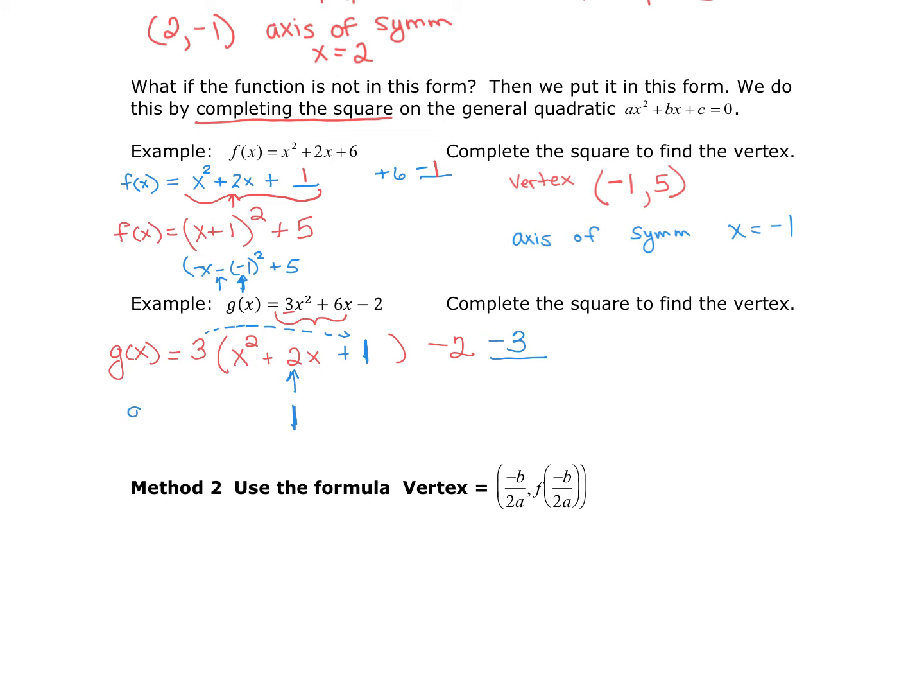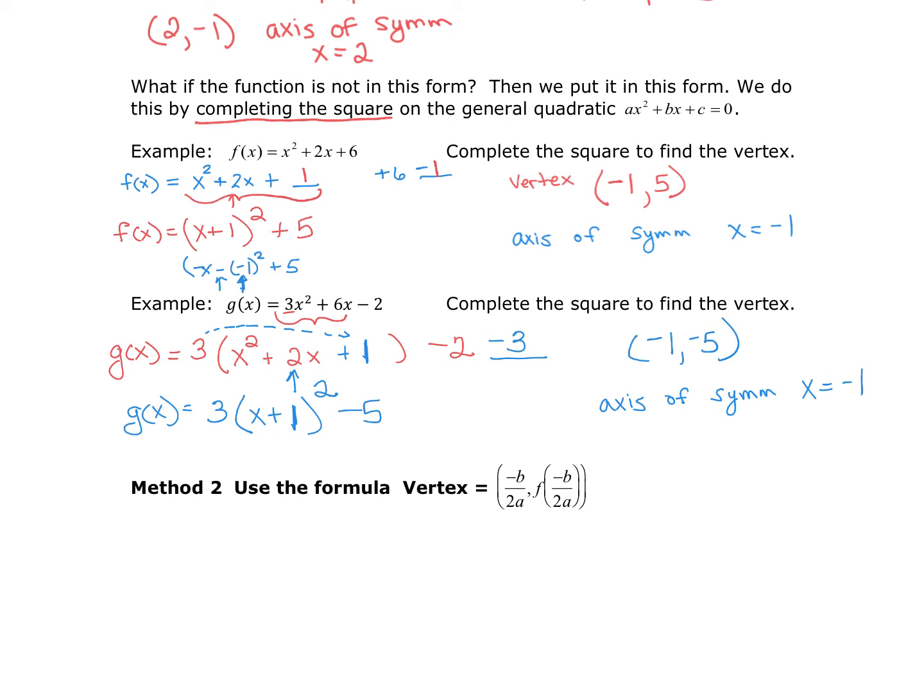So now I have g of x equals 3 times (x plus 1) quantity squared minus 5. And we still have a -1 and -5 in this case. And our axis of symmetry is x equals -1.